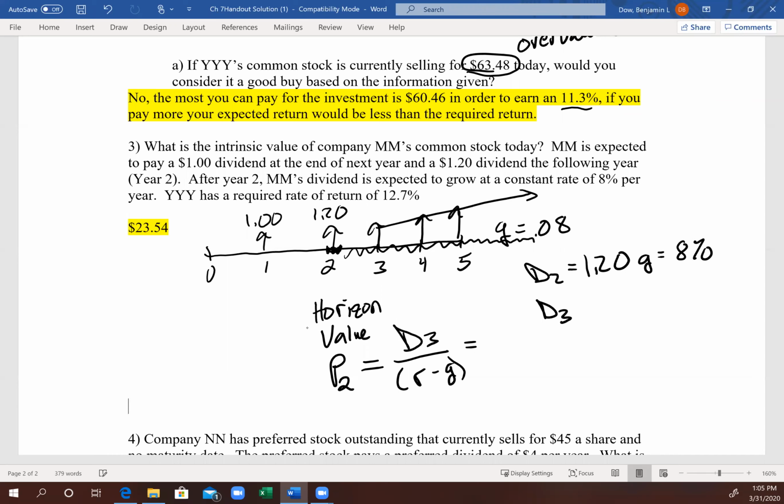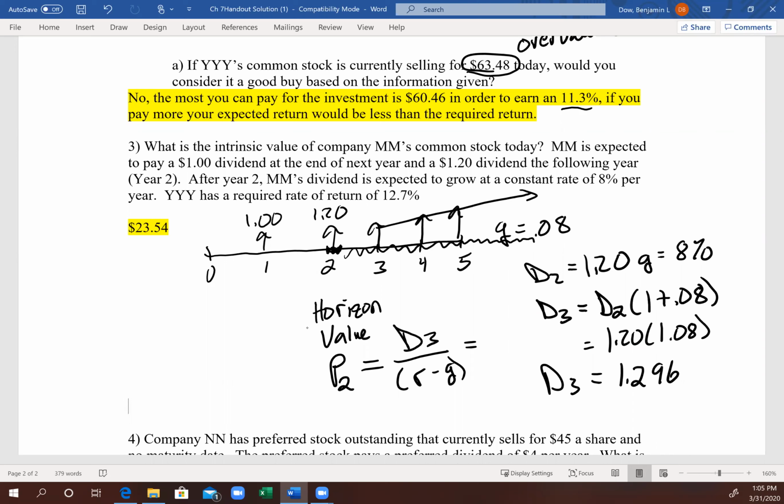Therefore, D3 is equal to D2 growing at 8%, which is 1.296. Okay, so now we've got D3 at $1.296.